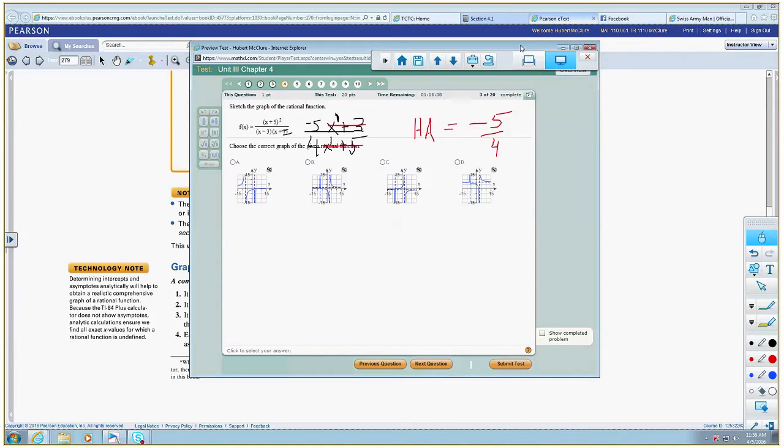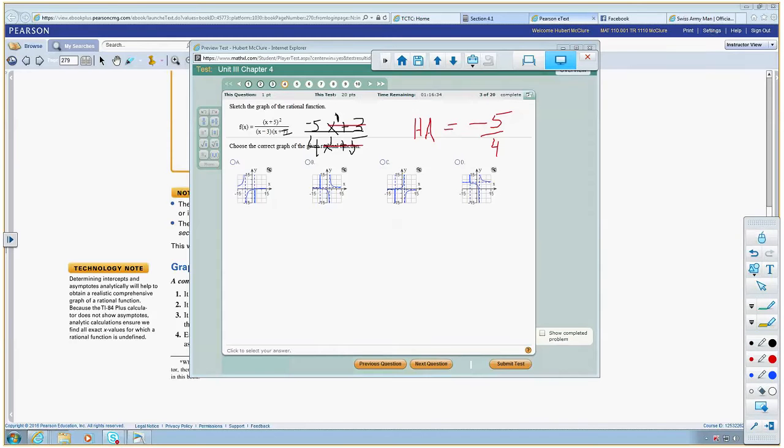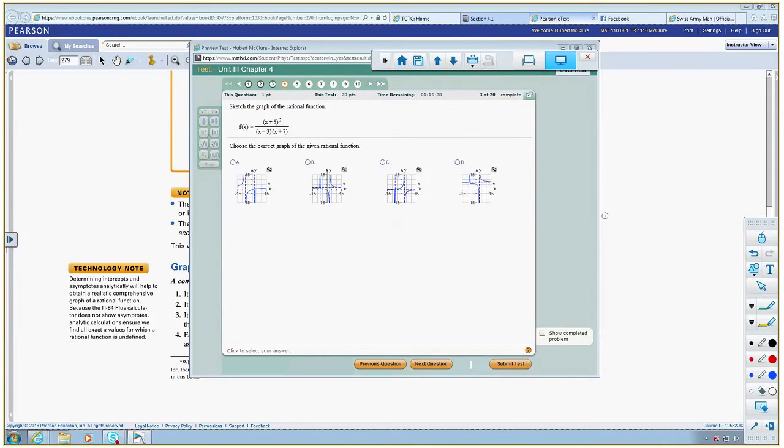All right, look at this one. First of all, let me ask you a question. It's x squared, isn't it? What's the denominator? X squared, right?